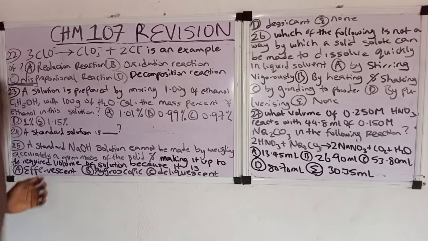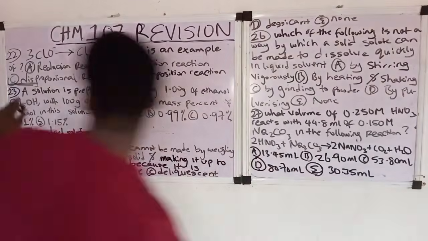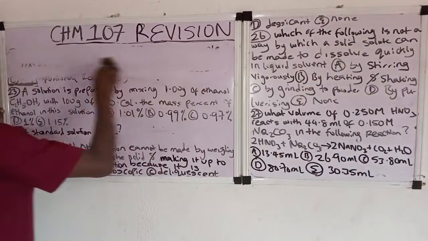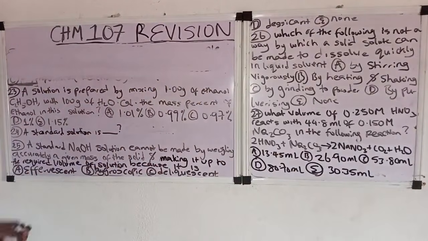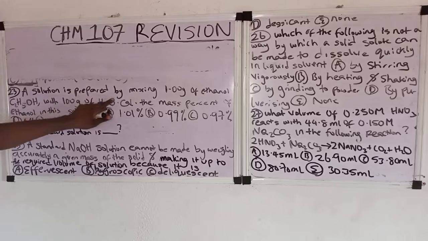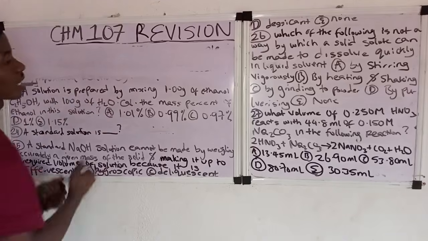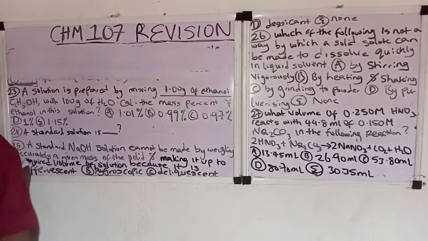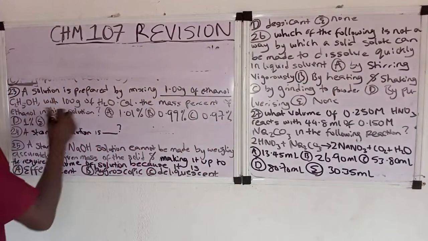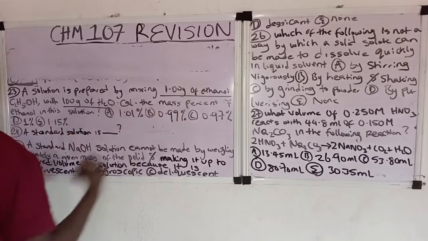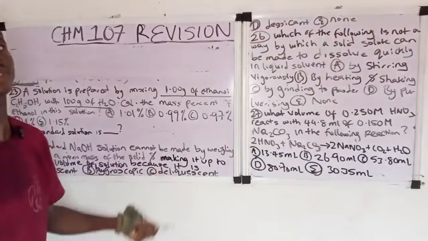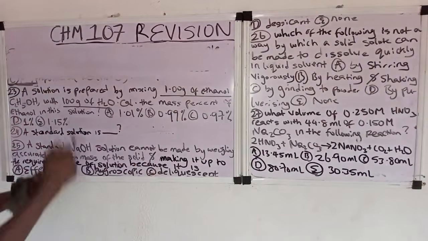Then the next question, which is question 23. A solution is prepared by mixing 1 gram of ethanol with 100 gram of water. Calculate the mass percent of ethanol in this solution. To calculate mass percent is very easy.